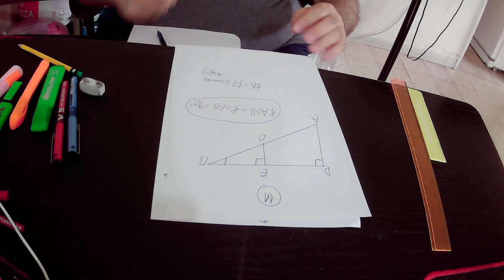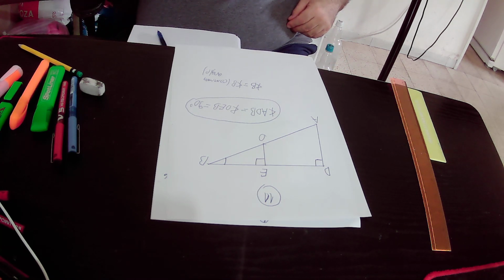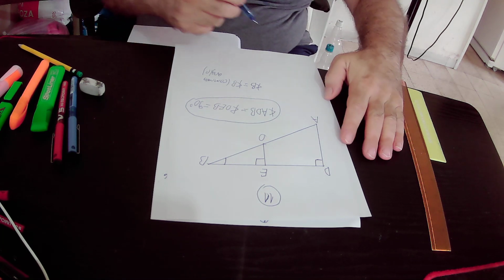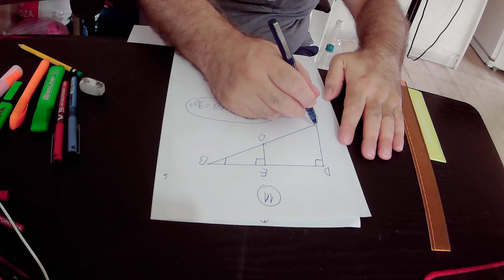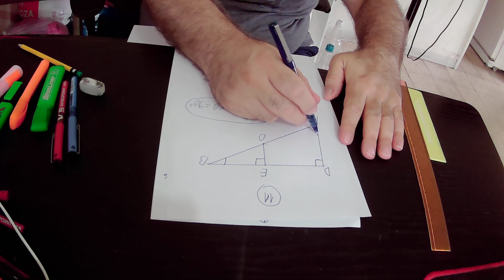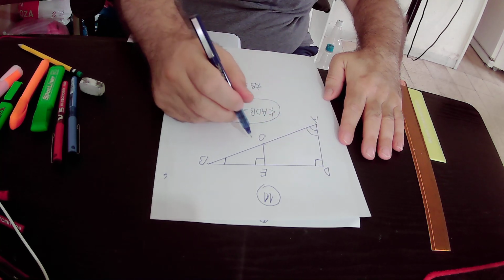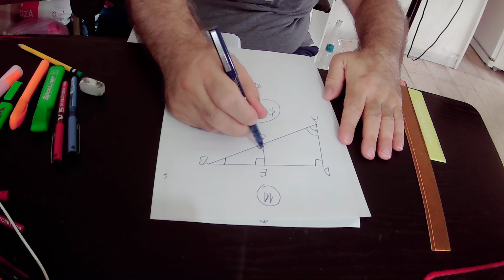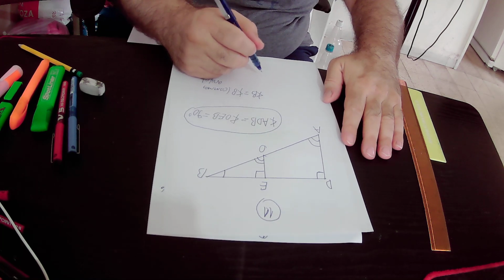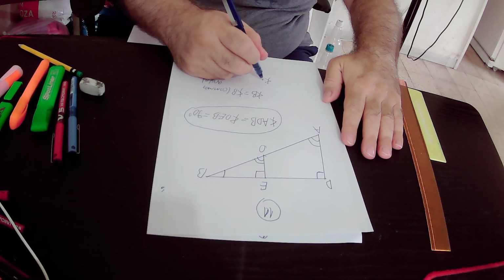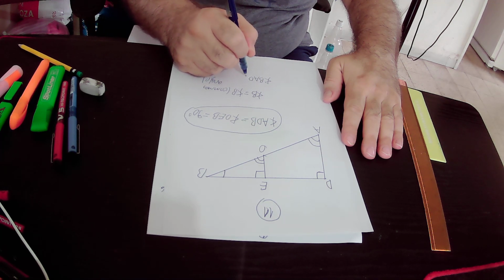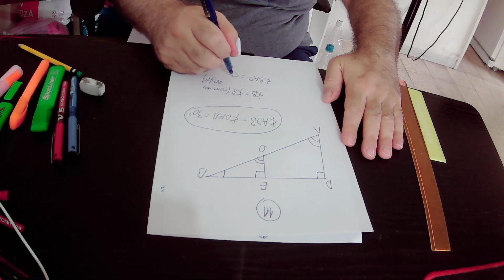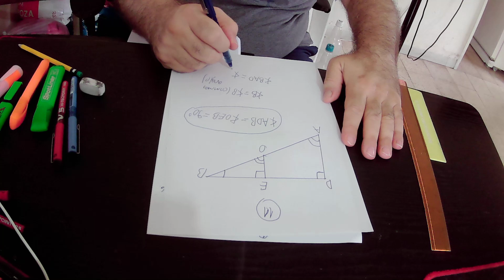And the third pair of angles, angle BAD in the big triangle, also equals angle BOE in the small triangle. Angle BAD equals angle BOE.